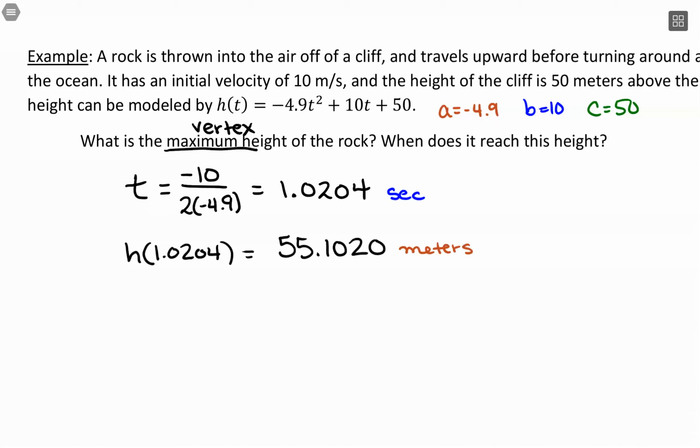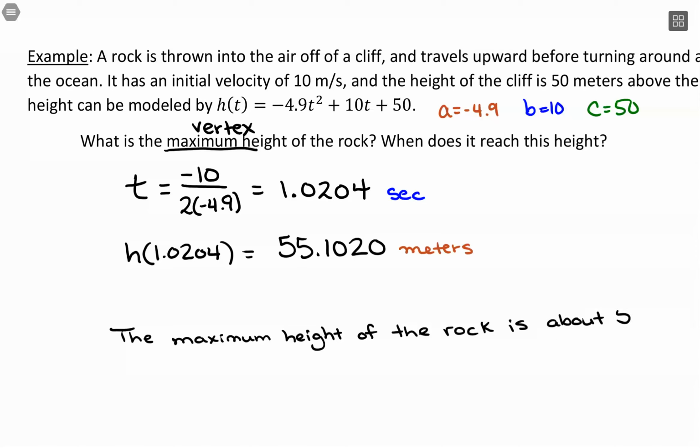So what I can see is the maximum height of the rock is, let's go ahead and round, let's say about 55 meters, reached after about 1 second.